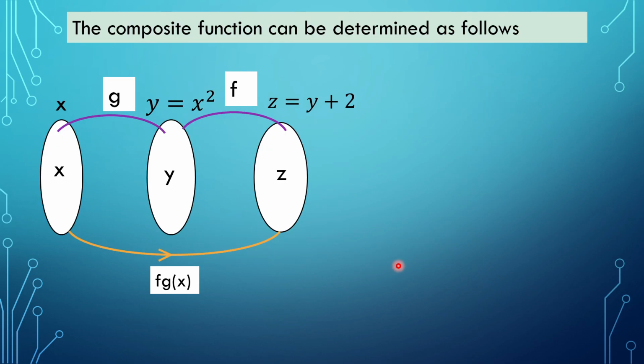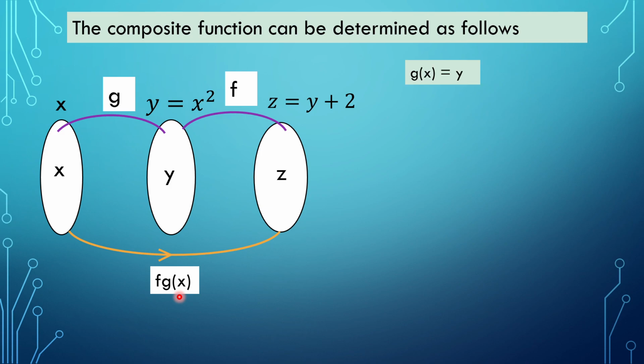Okay, the composite function can be determined as follows. Here you have a case where x maps to y and then from y to z. The first function is g followed by f. So the composite function is written as fg(x). Now let's see how to find the composite function fg(x).